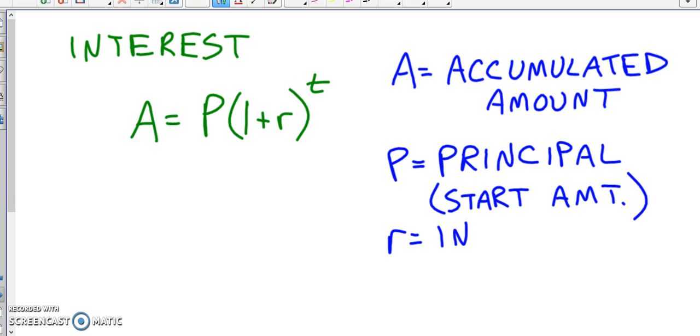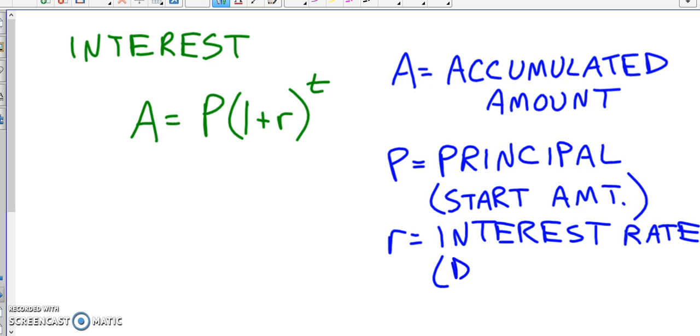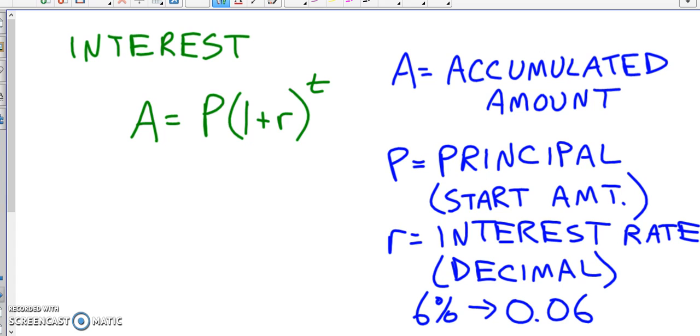R is your interest rate, but it has to be expressed as a decimal. For instance, if you had 6% interest, that would be represented by 0.06. And T is time in years.